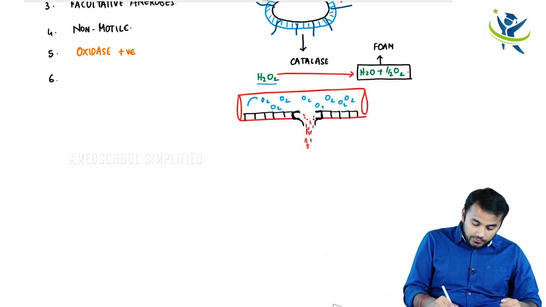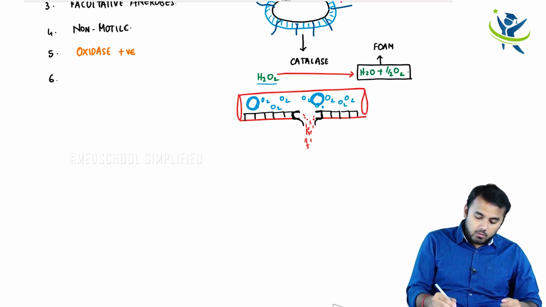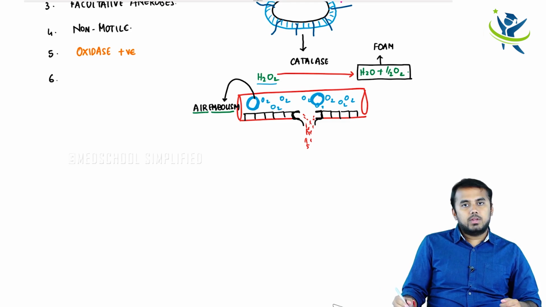For example, you see this big one is called an air bubble. So what are these air bubbles going to do, guys? They cause air embolism. That is why never ever add hydrogen peroxide to deep cut wounds.